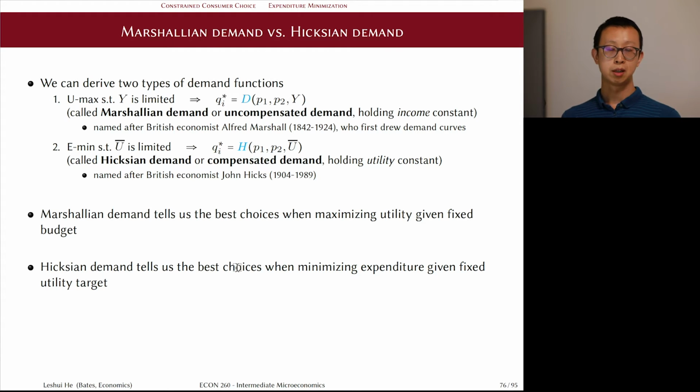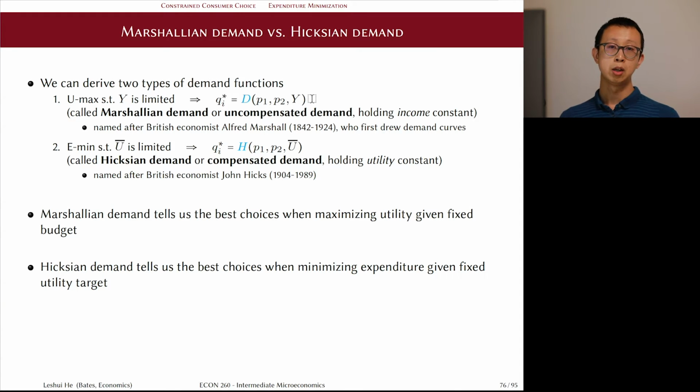Now we have worked closely with the utility maximization problem and the expenditure minimization problem, and we explored their connections with each other. It is useful to compare and contrast their derived demand functions very closely as well. We have essentially derived two different kinds of demand functions. From the utility maximization problem, where the budget y is limited, we derived demand functions that are chosen to maximize the utility.